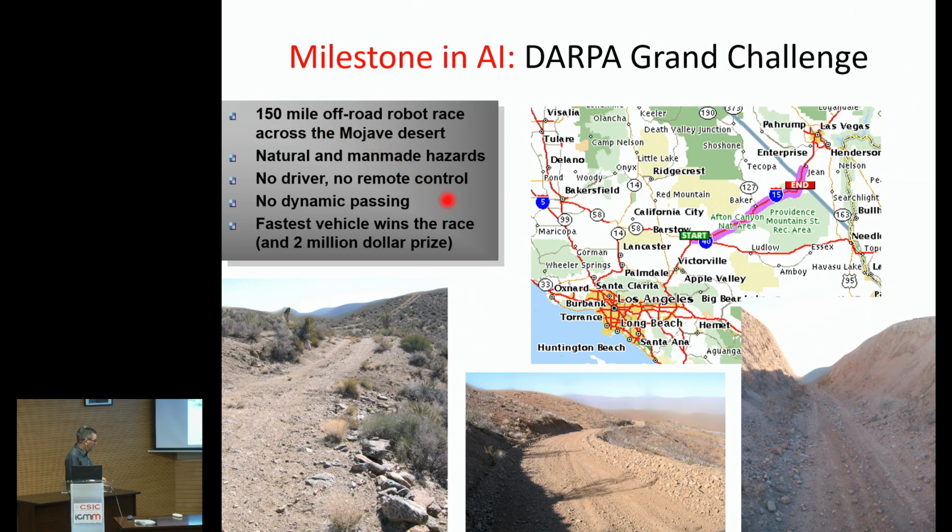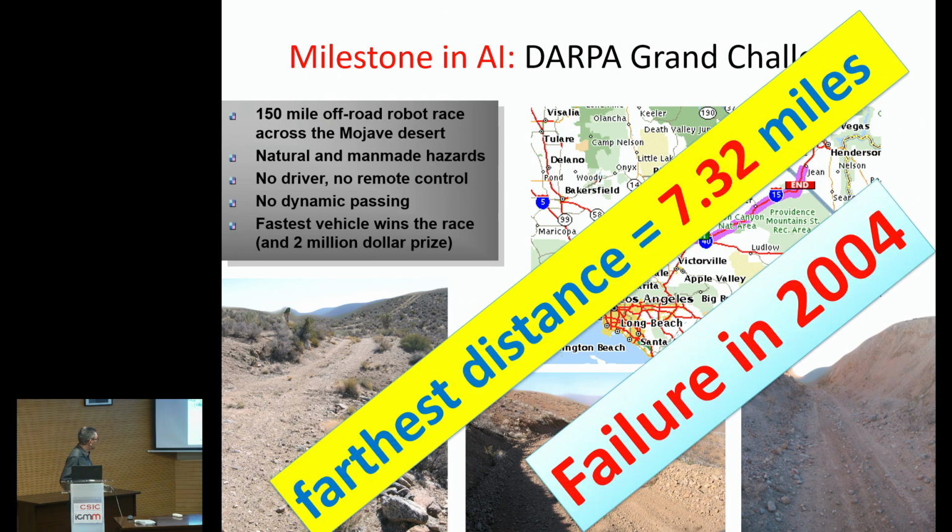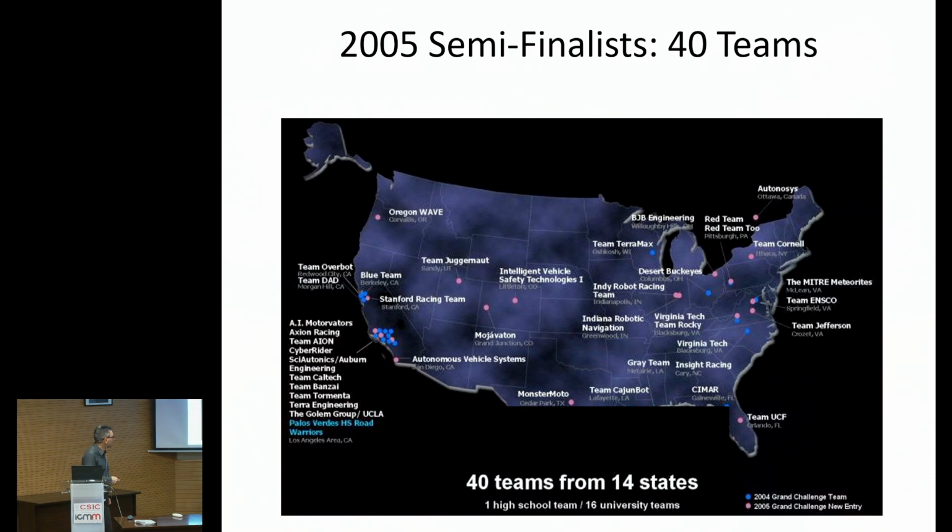The first year that this challenge was made, in 2004, there was no success. Nobody managed to finish the race, no car. And the furthest distance they made was only 7 miles. But only 1 year later, there were 40 finalists. So 40 vehicles managed to pass the desert.